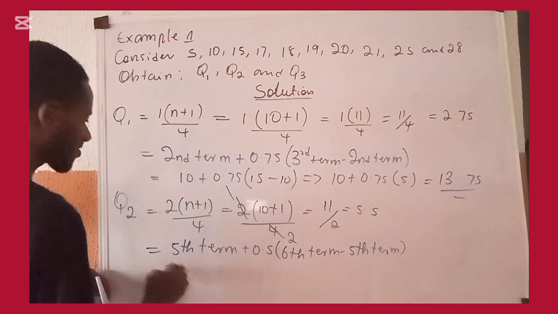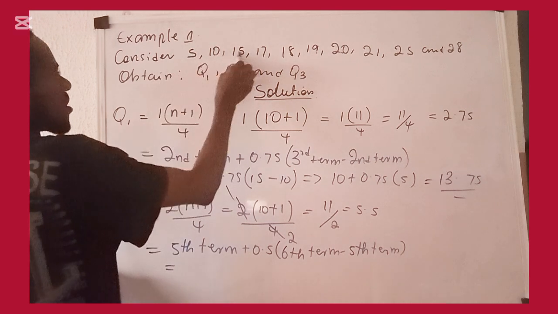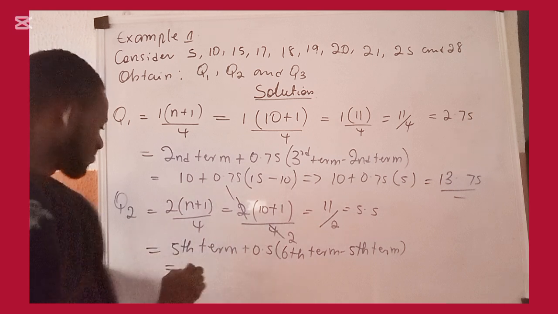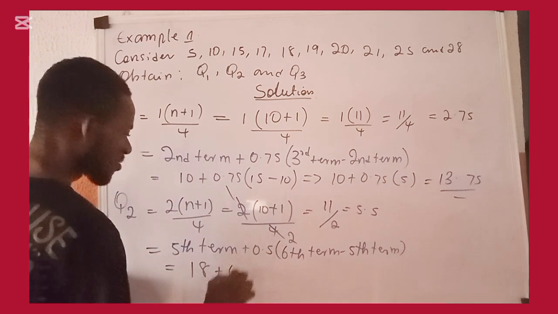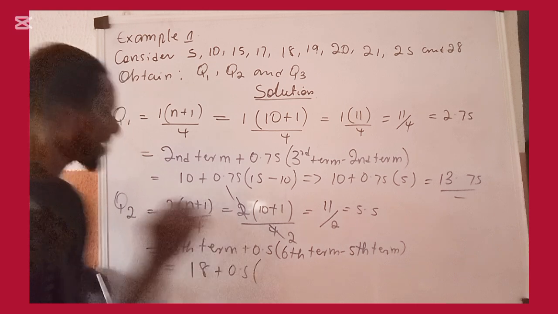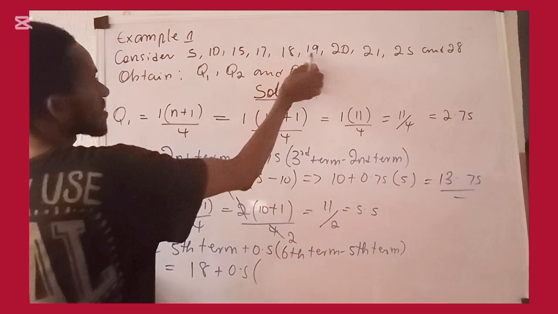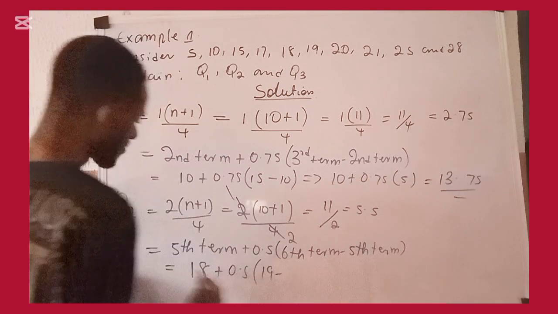What is our fifth term here? 1, 2, 3, 4, 5. Our fifth is 18. So we have 18 plus my 0.5, open a bracket. Your sixth term here is 19, and your fifth position is 18.